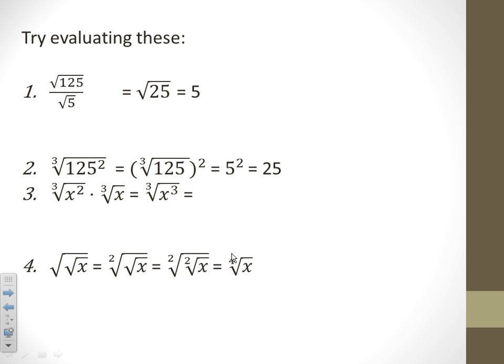The next one, the cubed root of 125 squared. That can be written as the square of the cube root of 125. Again, that refers back to one of the properties on that box page.